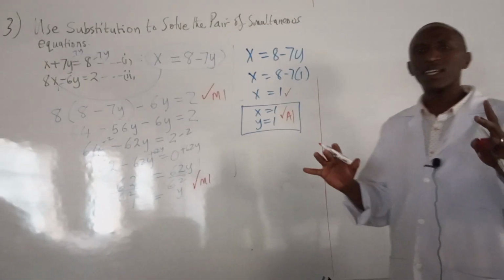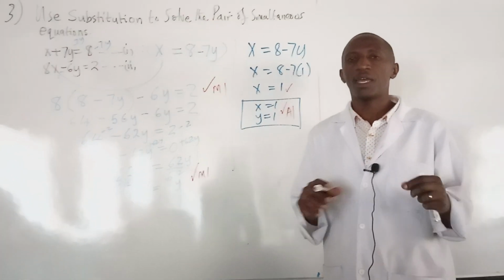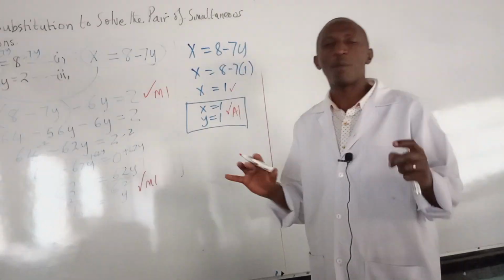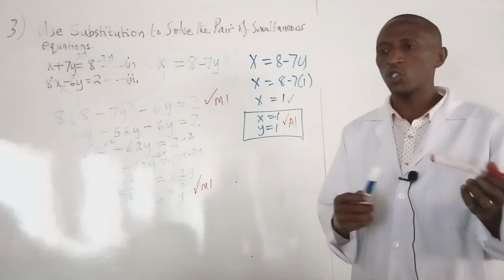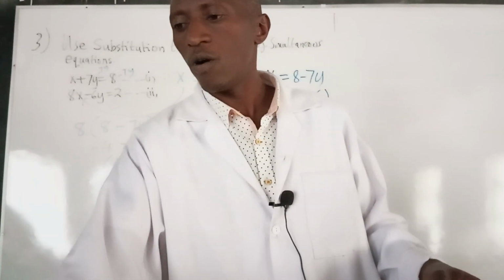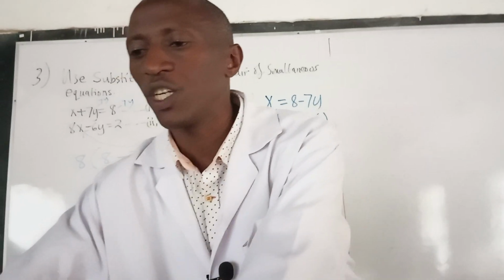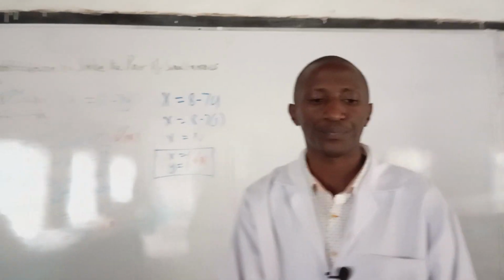So basically, such kind of a question is a simple question, it's a short question, and we go for about 3 marks. So viewers, let us move on to question number 4, or example number 4, which I would like us to look at next.